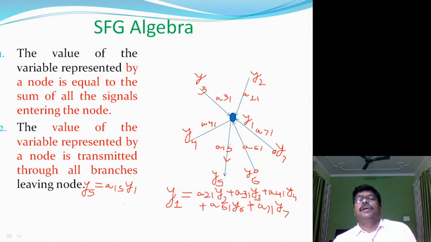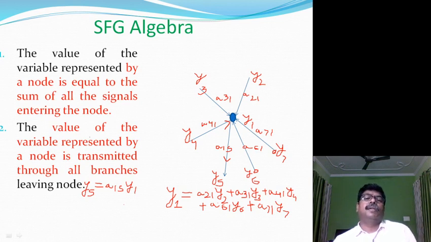So here signal 2 is entering, 3 is entering, 4 is also entering, 5th is outgoing, 6 is entering, 7 is entering. So this variable y1 will be represented by a21 y2, a31 y3, a41 y4, a61 y6, a71 y7. So this is the first SFG algebra rule.